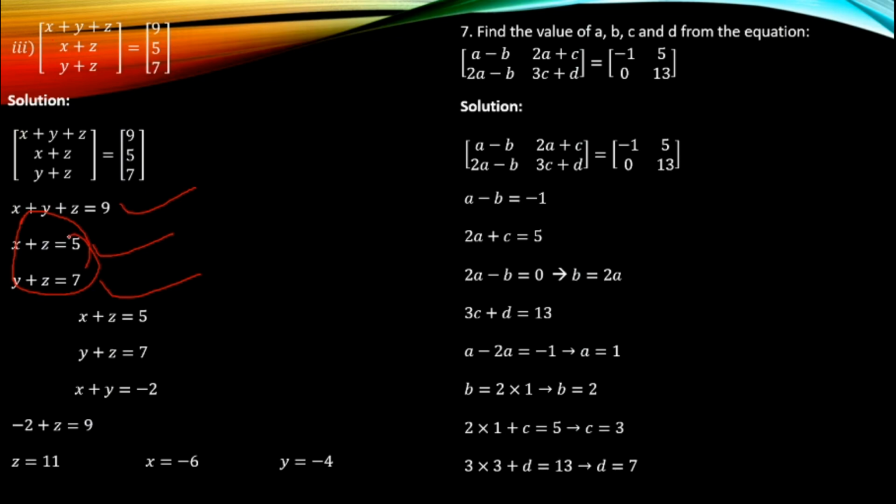It's up to you, or you can substitute the y plus z value here. y plus z will be 7, so you'll get the value of x. Here I've just eliminated z and got x plus y, then substituted x plus y in this equation, and anyhow you can solve. So you get z equal to 11, x equal to minus 6, y equal to minus 4.